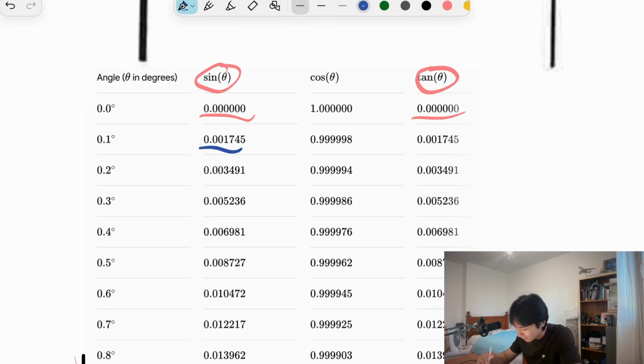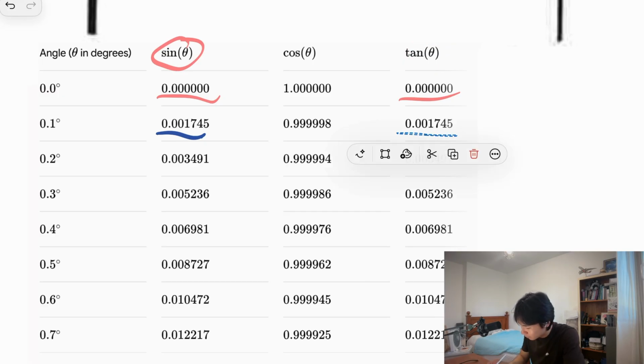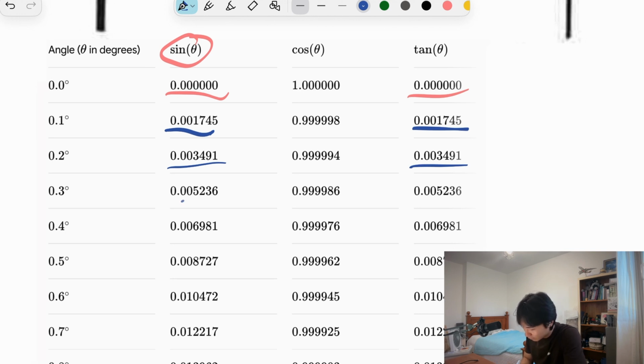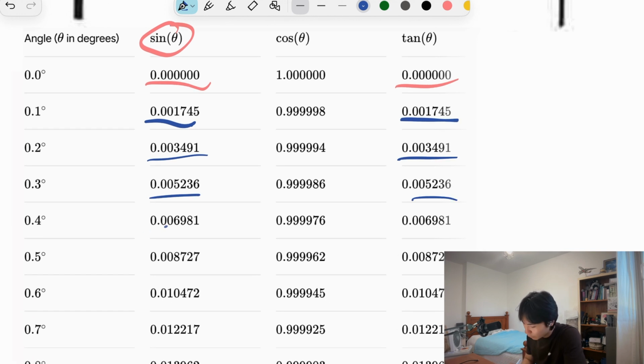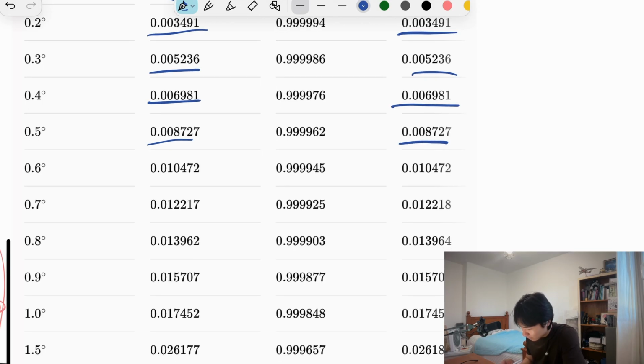You can see that sine and tangent are practically equal to within four significant figures. For 0.2 degrees they're practically equal, for 0.3 degrees they're equal again, 0.4 and 0.5 as well. Until 0.7 degrees is where they start to diverge a bit, at more than four significant figures.